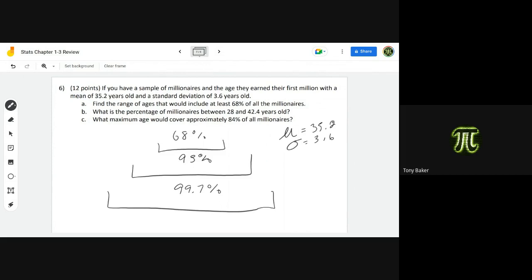So 35.2 plus 3.6 is 38.8. If you just want to keep going down that side, you could. If we added it again, we would get 42.4, and if we added it again, we'd get 46.